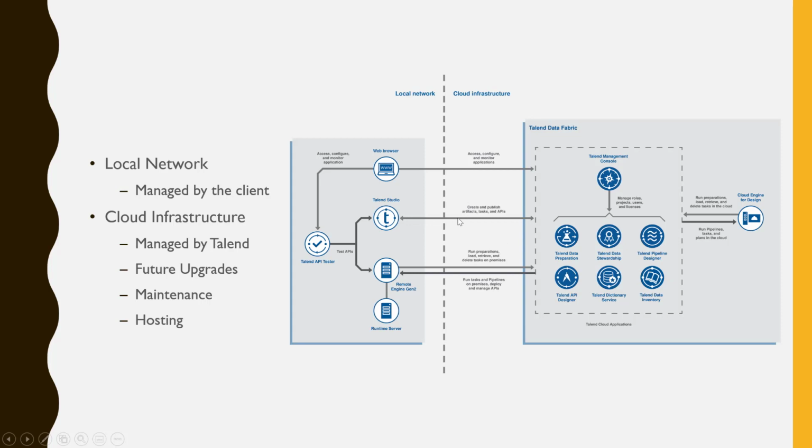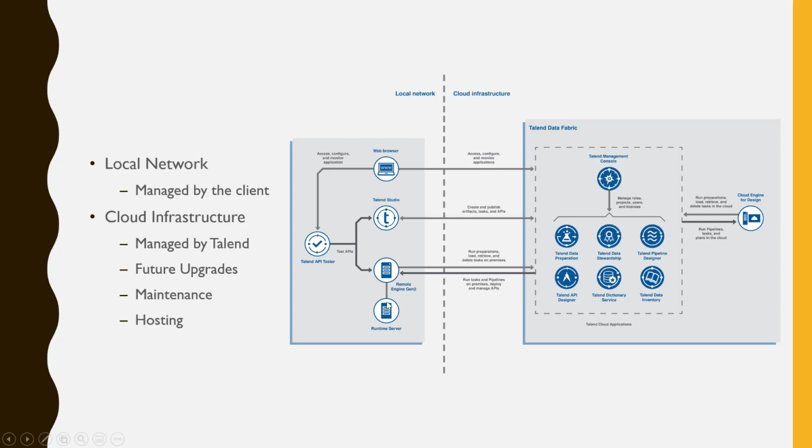So if you want to trigger those or delete or read data from those, you can call a few components that are dedicated to this. And then just like that, you can import an API definition from Talend Cloud API Designer, which we have as an application here, to implement it and test it with Talend Cloud API Tester, which is on the client's or the local network side.